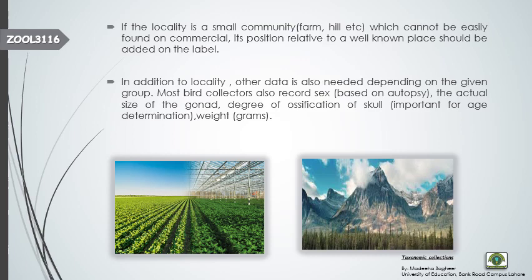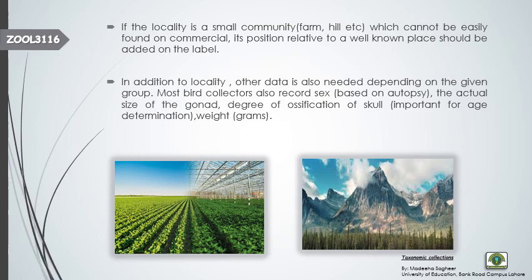It is like when you tell your home address or your university address to someone: while telling the address, you always add a nearby landmark, right? The same happens in the case of labeling. If the locality is not well known, we add a nearby known place to the label along with the name of that locality.